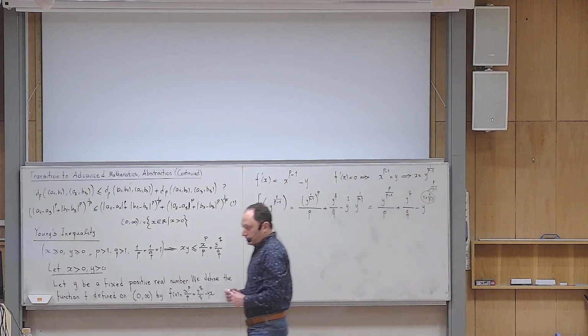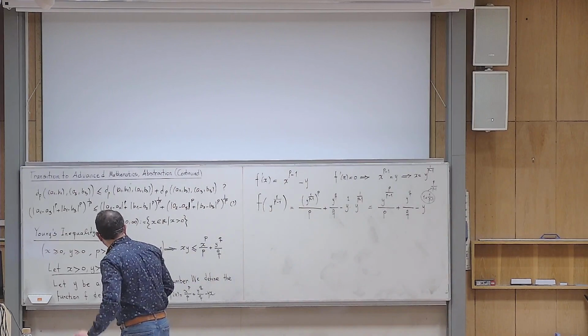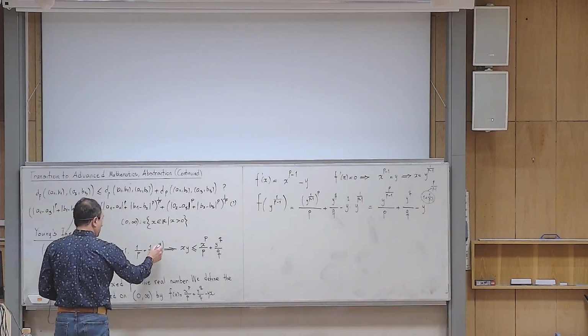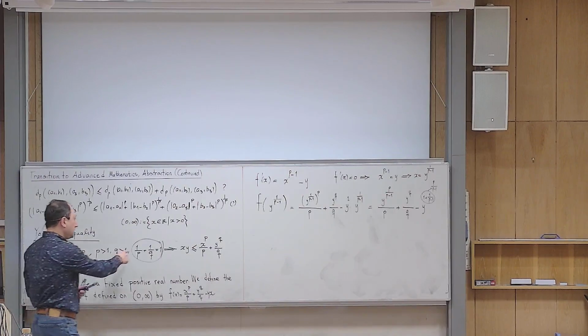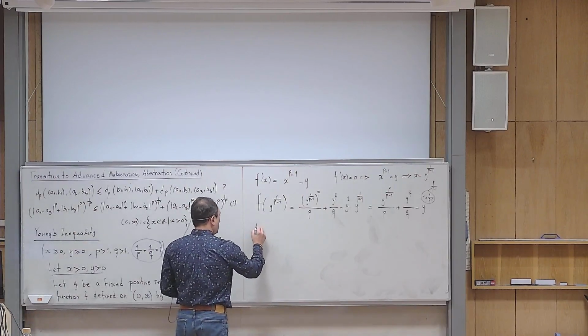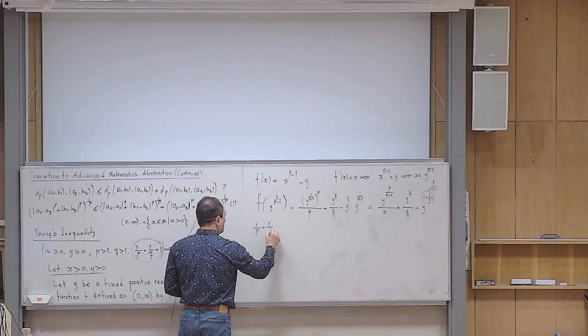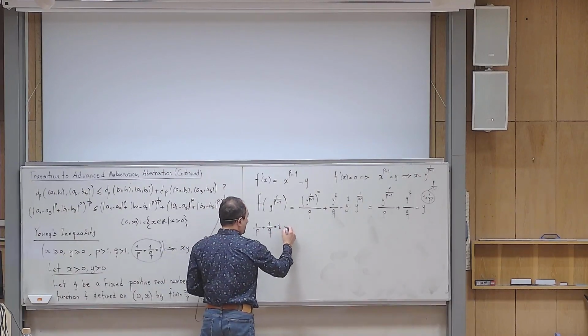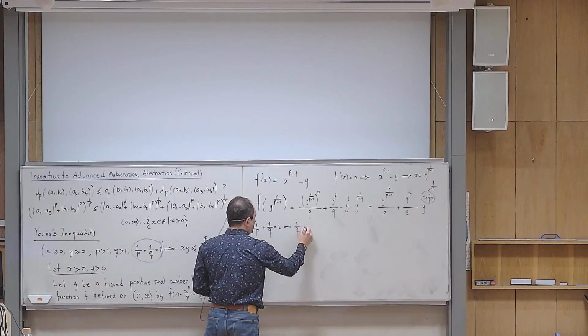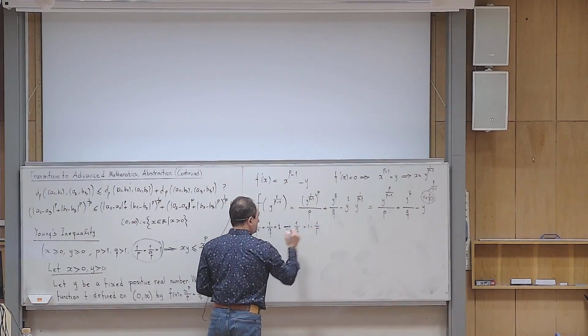Something we need to check now is the condition I haven't used so far. So let us see what this is good for. Here, 1 over p plus 1 over q is given to be 1. If I move this to the other side, 1 over q is equal to 1 minus 1 over p.